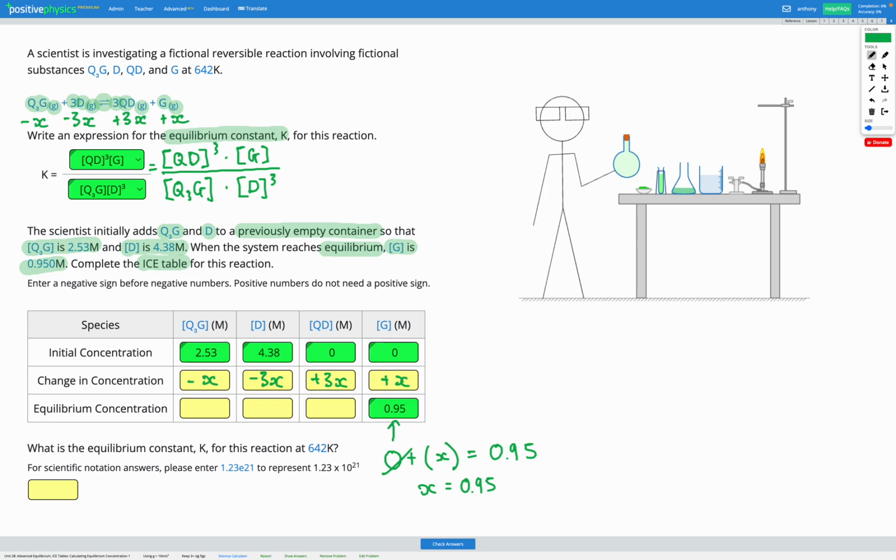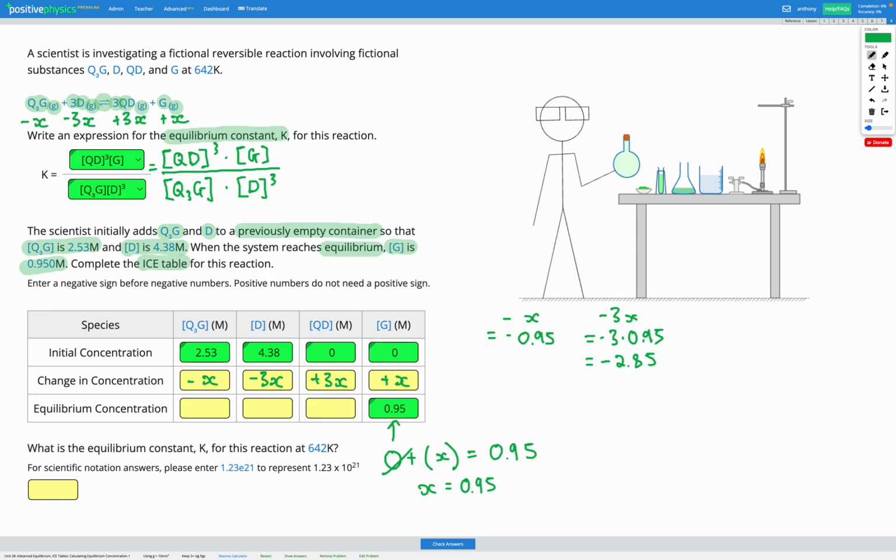So there's our x. Now we can go ahead and use that to figure out our change in concentration for each thing. So for the concentration of Q3G, we've got negative x. X is 0.95, so that's just negative 0.95. For the concentration of D, we've got negative 3x, which is negative 3 times 0.95, which is negative 2.85.